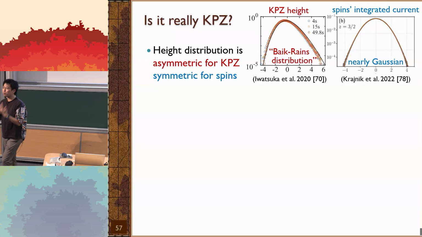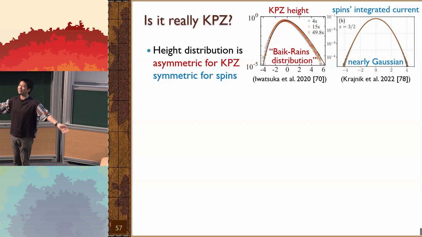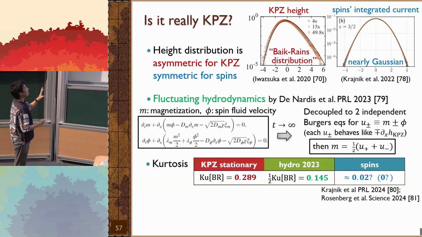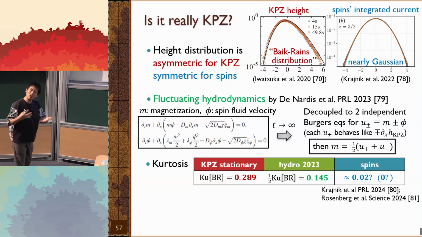But somehow, two-point quantities are exactly the same, as far as I can analyze numerical data. So somehow, the spin chains have overlap with the KPZ class in this kind of partial manner, and no one understands how and why this happens.